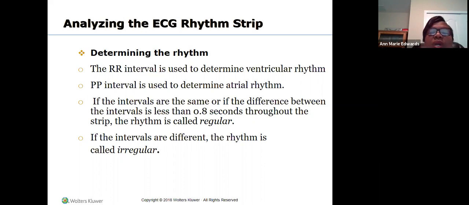So if we are determining the rhythm, say we're doing the ventricular rhythm, we're gonna look at the intervals between the R waves and see if the intervals are the same throughout.